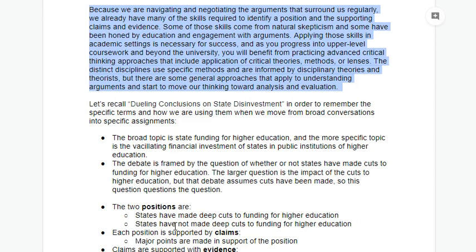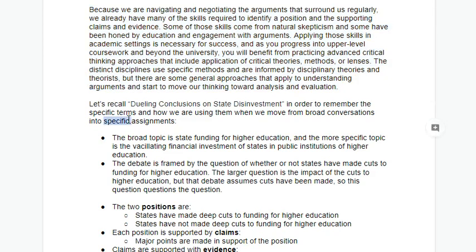Applying those skills in academic settings is necessary for success, and as you progress into upper-level coursework and beyond the university, you will benefit from practicing advanced critical thinking approaches that include application of critical theories, methods, or lenses. The distinct disciplines use specific methods and are informed by disciplinary theories and theorists. But there are some general approaches that apply to understanding arguments and start to move our thinking towards analysis and evaluation.